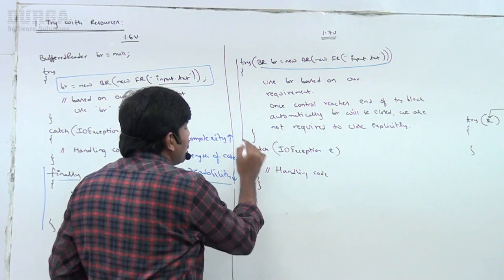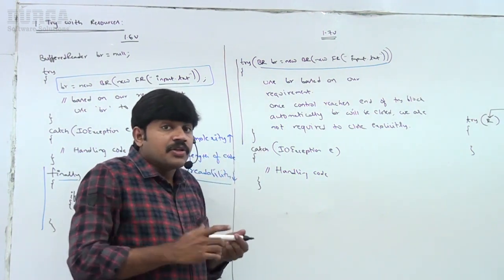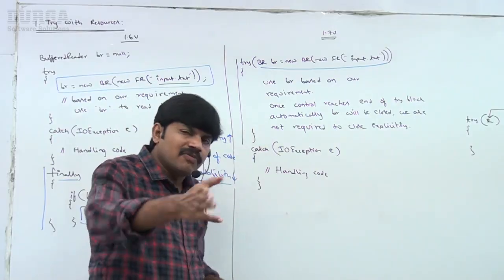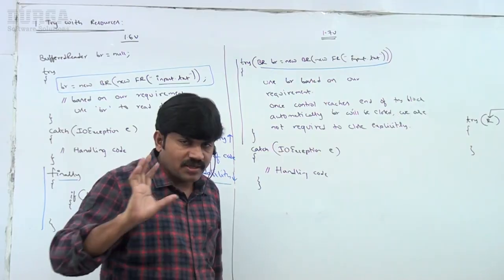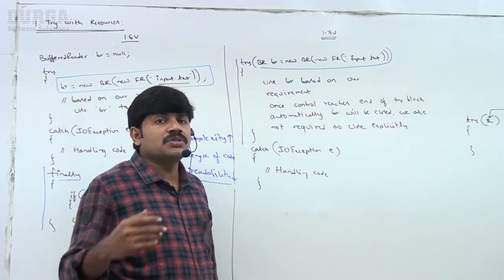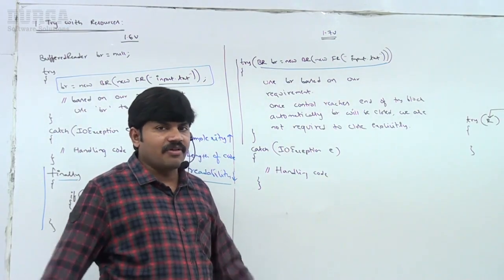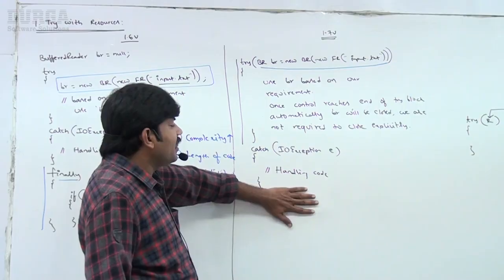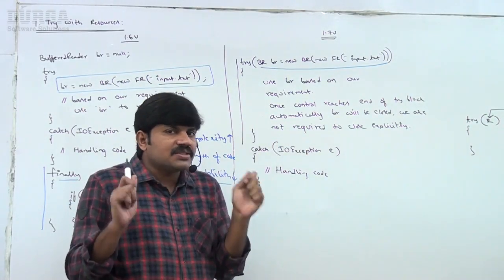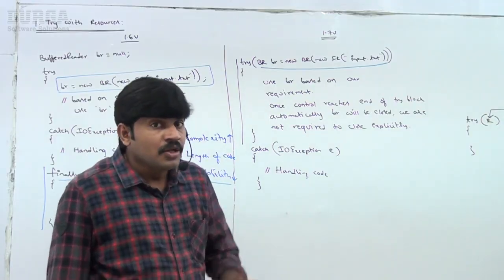Once the control comes to the end of the try block, either normally or abnormally, either without exception or with exception, once the try block is completed, then automatically br will be closed. We are not required to close. So the finally block in this scenario we are not required to write. That is the biggest advantage of try-with-resources.